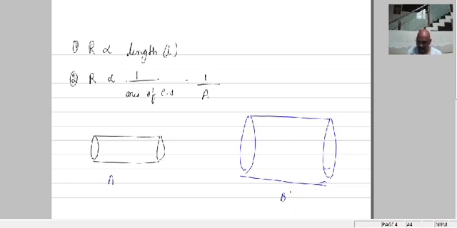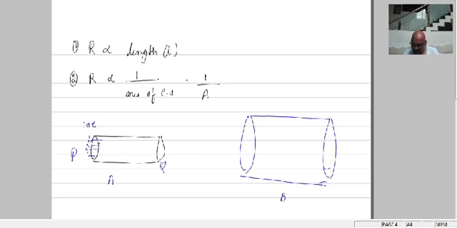Suppose there are 10 electrons that have to move from the end P to the end Q. Because the passage is less, they have to encounter many collisions.